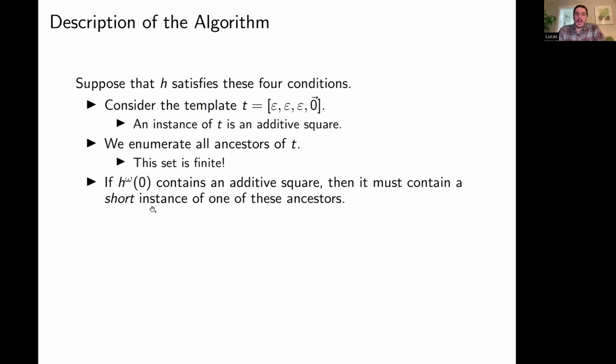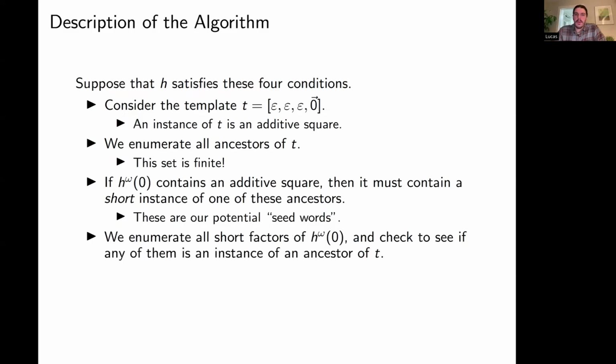And if the fixed point contains an additive square, then it must contain a short instance of one of these ancestors. So those are what our potential seed words are. All we do is enumerate all the short factors of the word and check to see if any of them matches an ancestor template.